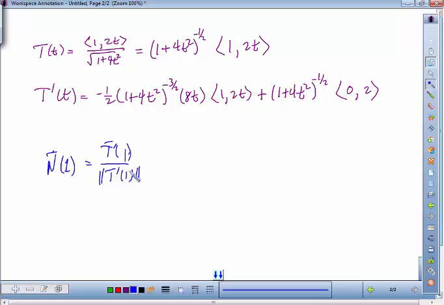And I'm doing this so that we can look at what we've taken the derivative of with T prime and then just put 1 in there, and then we can come up with a normal vector for this one special case. So that's what we're going to do.